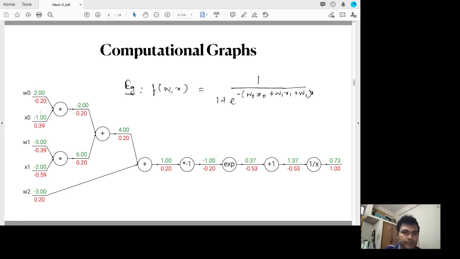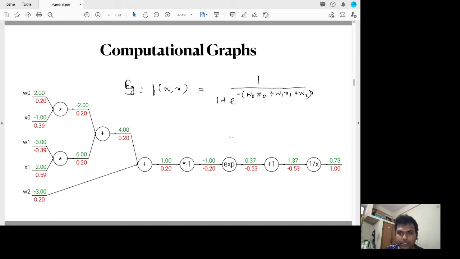So we have w0 into x0, we take a multiplication of that, that is the first term in the exponential in the denominator. Similarly, we take w1 x1 and multiply. We add these two up, w0 x0 plus w1 x1. Then we add w2 to it, then we multiply by minus 1, which gives minus (w0 x0 plus w1 x1 plus w2).